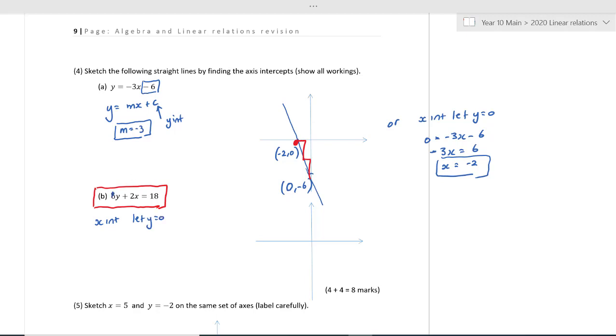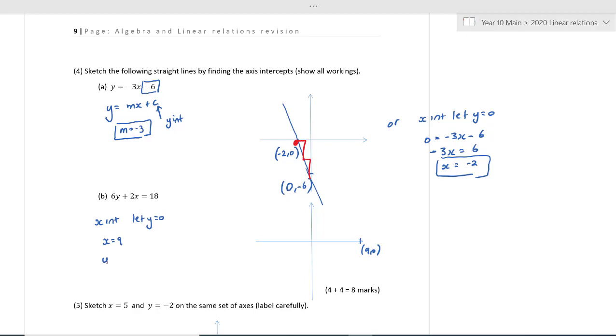If that was equal to 0, that would just scrub that out. You'd be left with 2x = 18, which means x = 9, isn't it? So if I put x = 9 over here, (9, 0), and we only need 2 points on the line, we've found the x part.